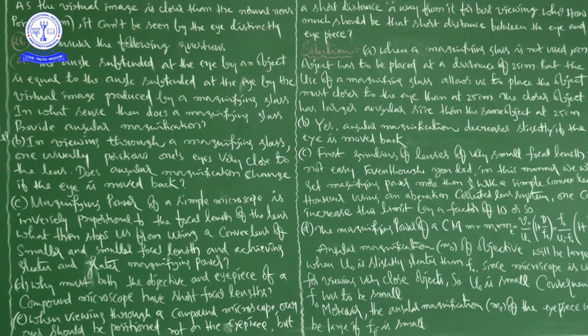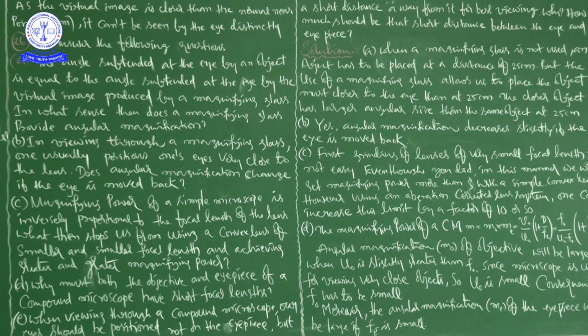Full stop. So he has given some information. In what sense then does a magnifying glass provide angular magnification, right? So they have given some information and are asking in what sense, in what direction, does a magnifying glass provide angular magnification.